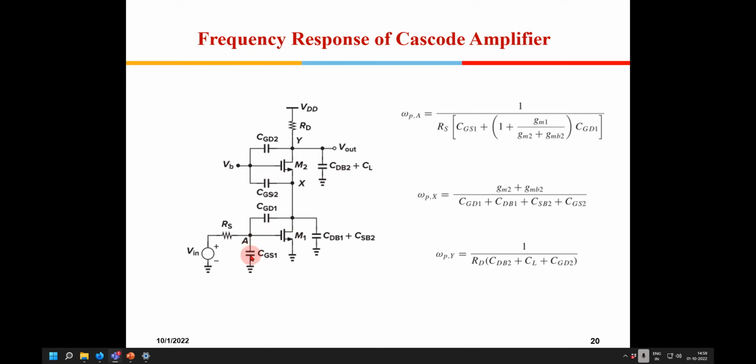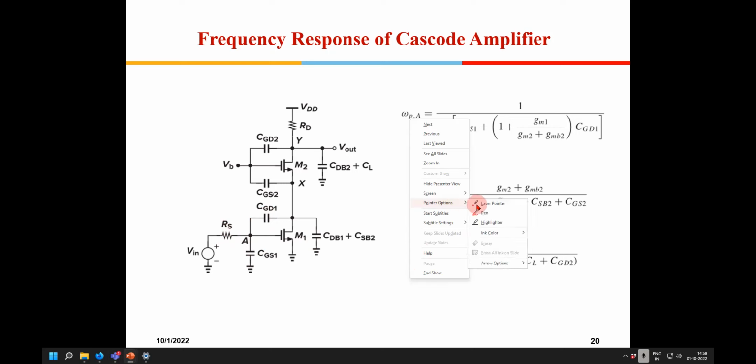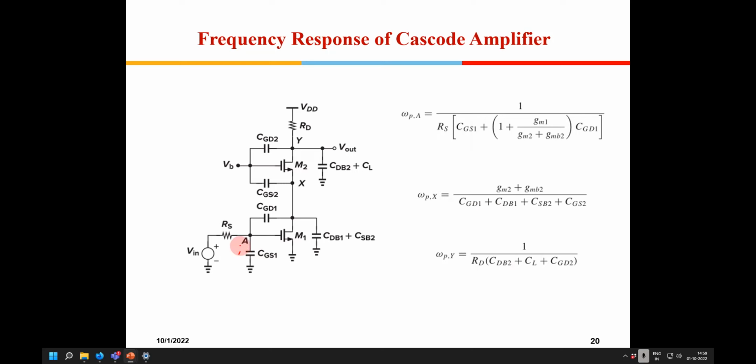Now, to find out what is coming along with CGS, I put an open circuit here. CGD goes. So CGS is with RS, so CGS will see RS. So CGS RS, that is taken care of.